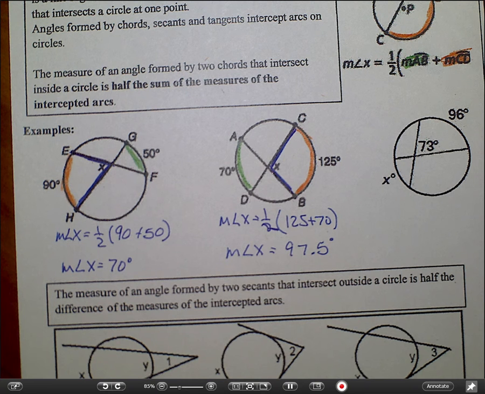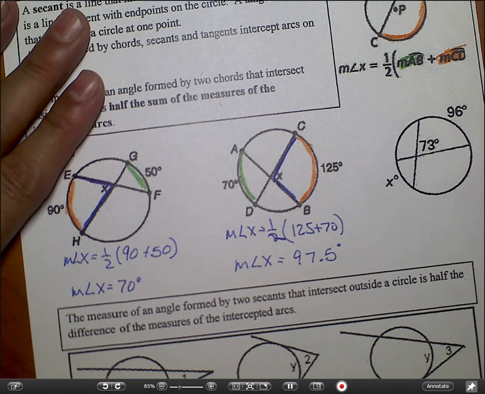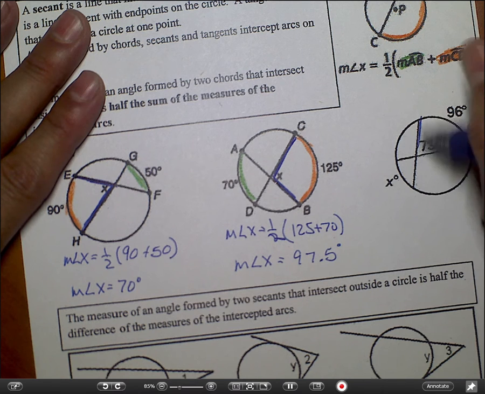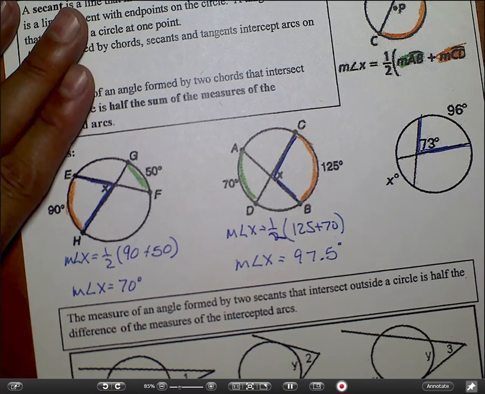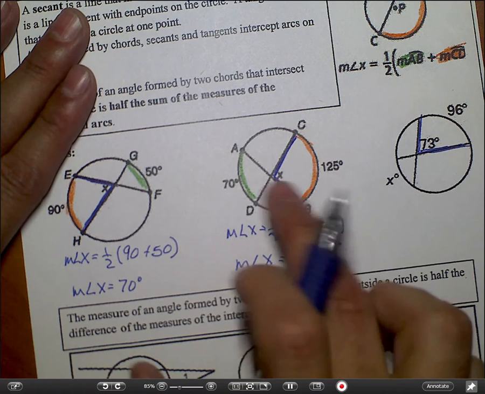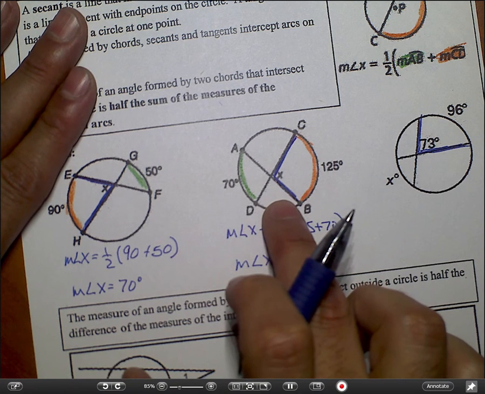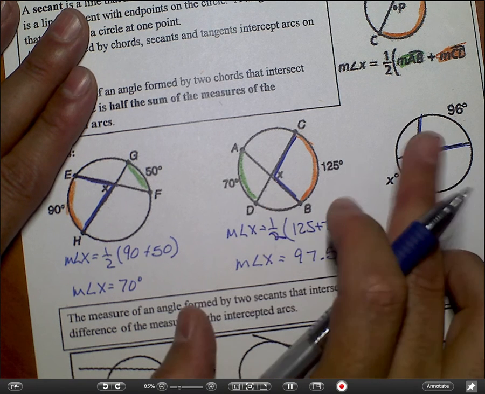Thank you. Now, let's take a look. On this one, your inside angle is given to you, right? 73 degrees. So there's my alligator, right? On all these other ones, the inside angle is the one I'm looking for. I'm not looking for that one now. I have that.